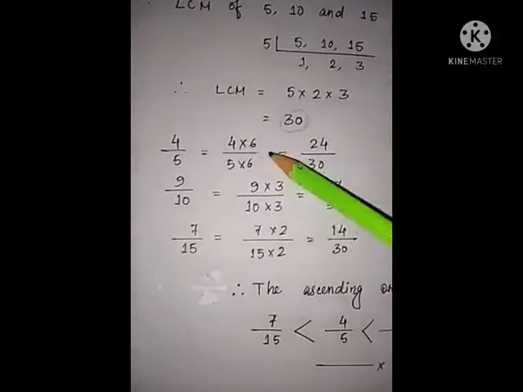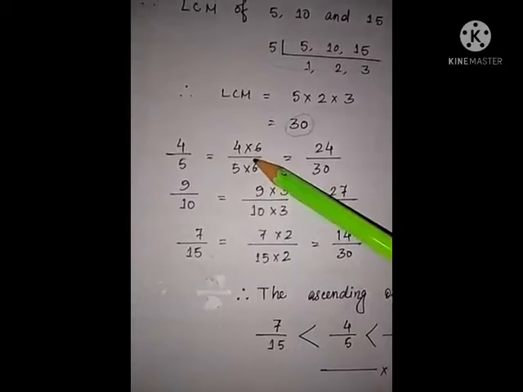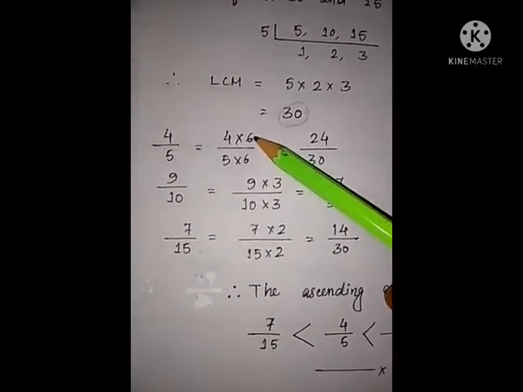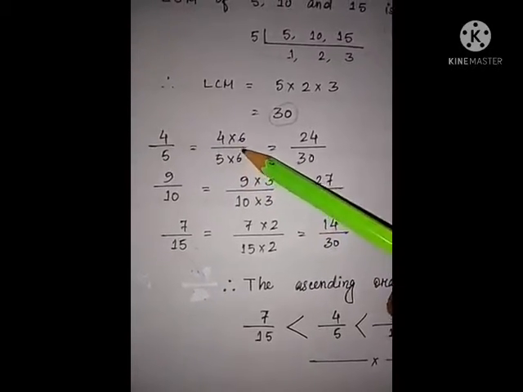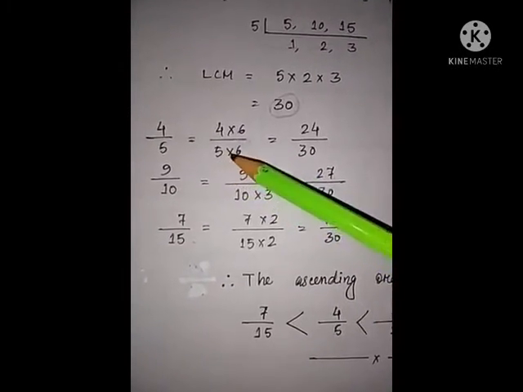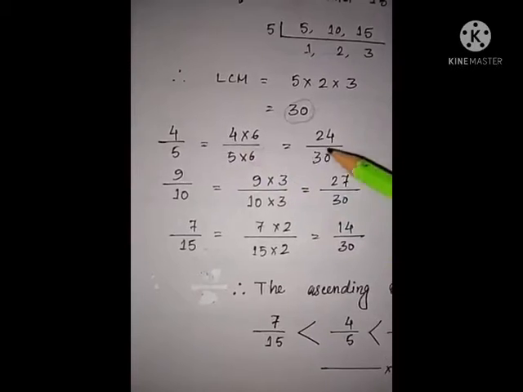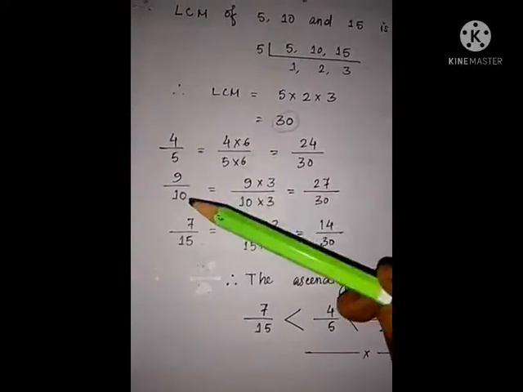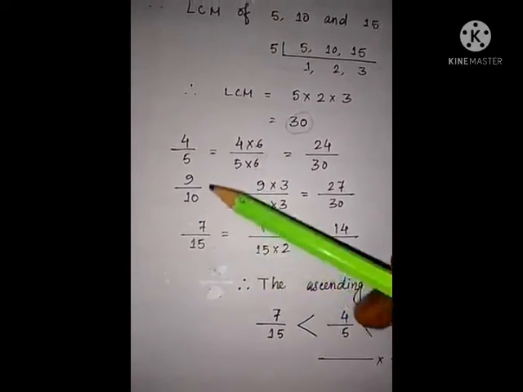And the number which we have multiplied by the denominator, the same number we have to multiply with the numerator also. So 6 is multiplied by the denominator and 6 is multiplied by the numerator, and like this I have used that same method to make the denominators equal.